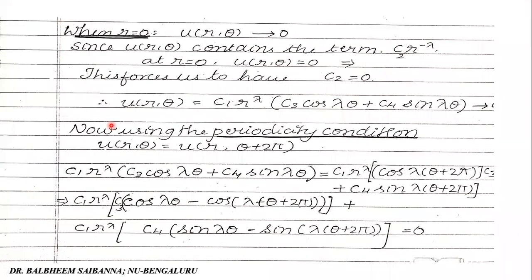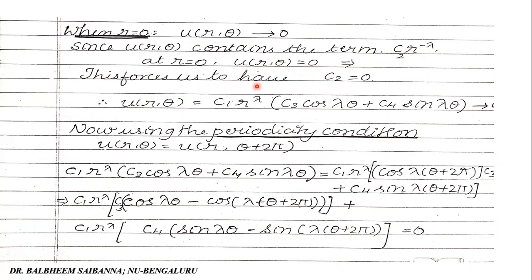Now we are actually considering a circular region. When r is equal to 0, u of r comma theta tends to 0, since u of r comma theta contains the term C2 r to the power of minus lambda. At r is equal to 0, u of r comma theta tends to 0.